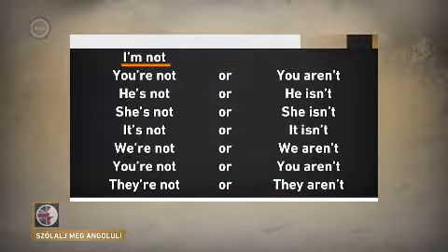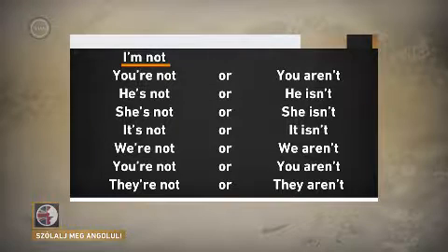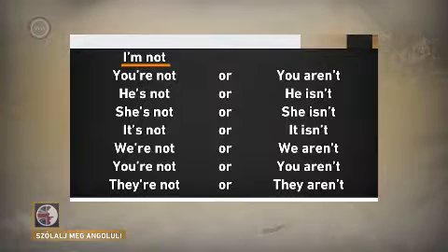So this means that we can choose two ways to make the short negative form of the verb to be with almost all the subjects, apart from which one? Yes, the only subject where we can't do this is the first person singular. With the first person singular, we can only ever say I'm not. With all the other subjects, we have a choice.